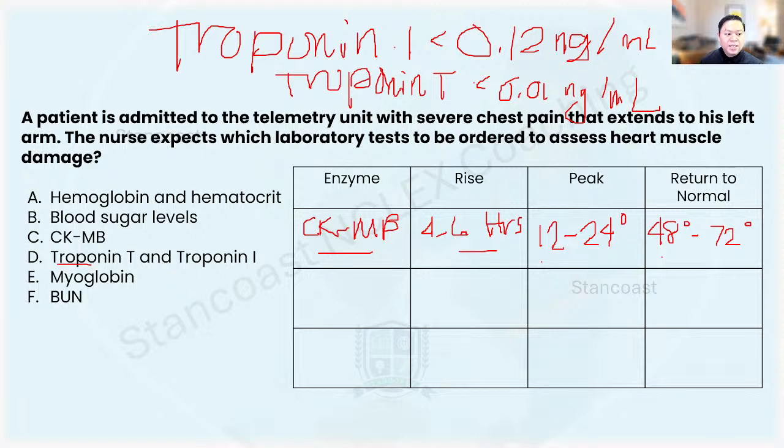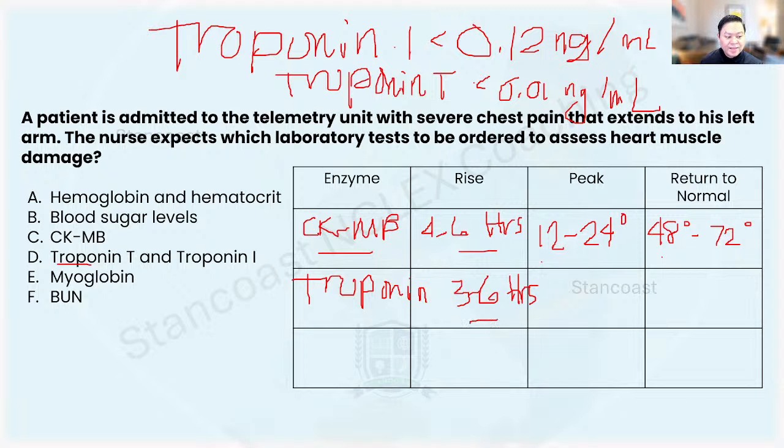Okay, now thinking about the troponin, this is going to be elevated. It will start to rise. So either the I or the T is going to elevate in 3 to 6 hours after the cardiac event. Okay, 3 to 6 hours.